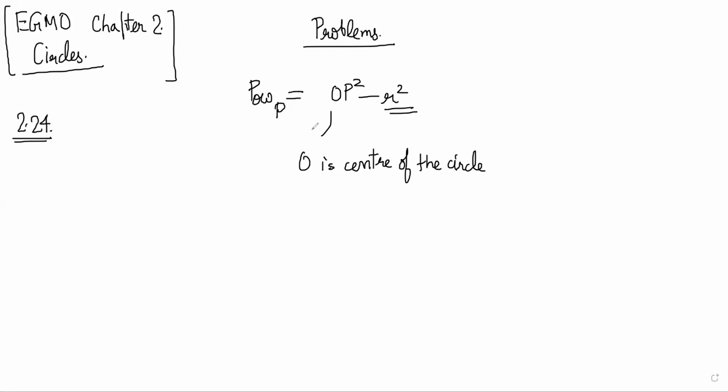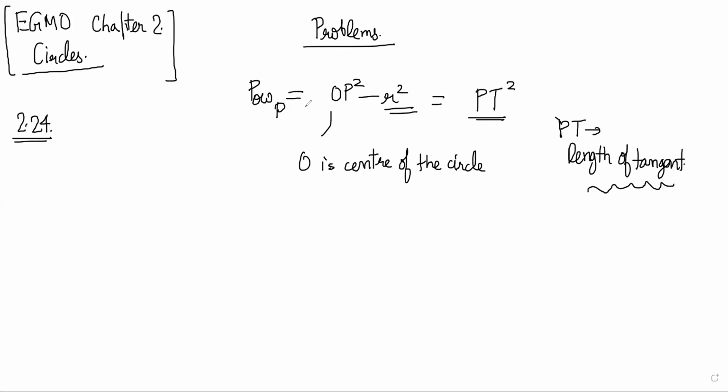And this is also equal to PT square, where PT is a tangent from P to the circle, the length of the tangent, right? We did all this using coordinate geometry in the last class. We saw coordinate geometry ways of writing power of a point, and radical axis actually we did by that, right?